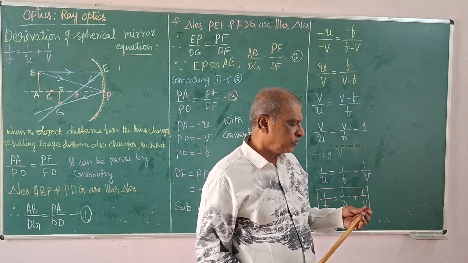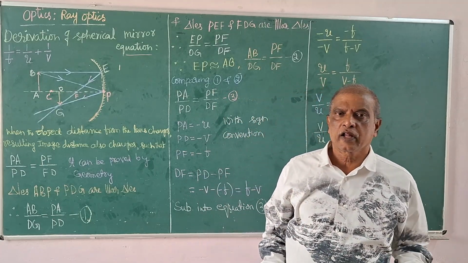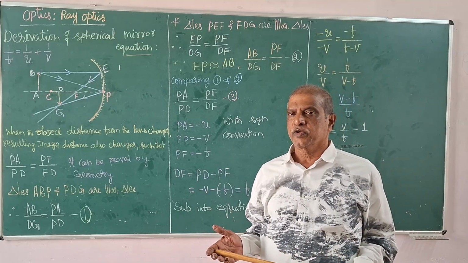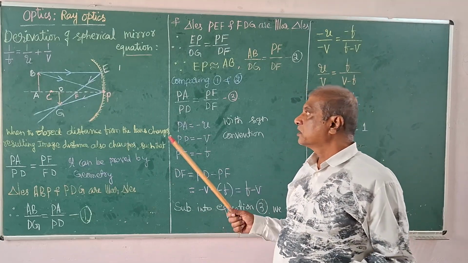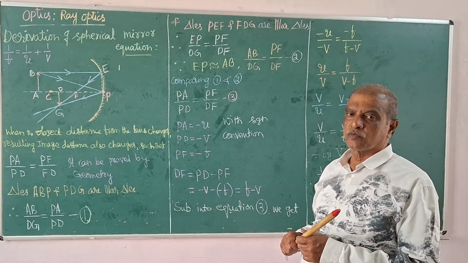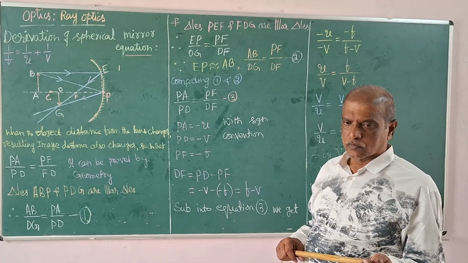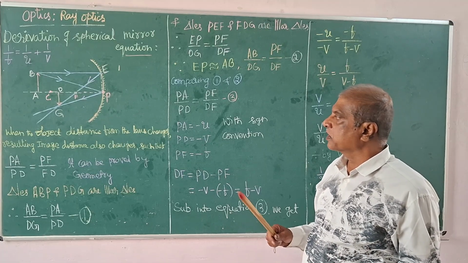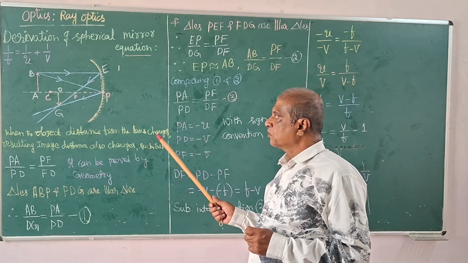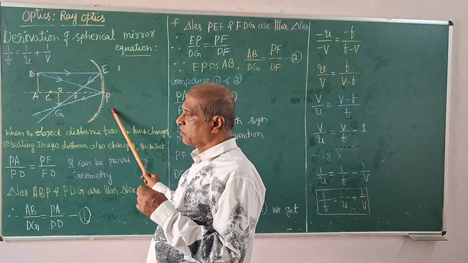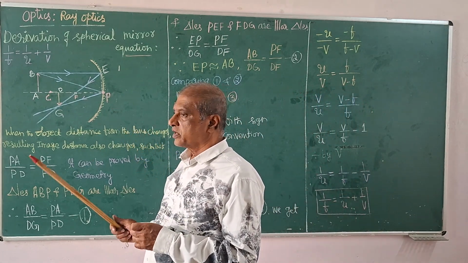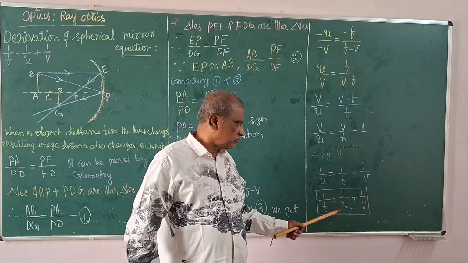This is how we can derive the spherical mirror equation using a symmetrical diagram. We can use any one of the diagrams. We can draw many diagrams for both concave mirror and convex mirror and get this equation.